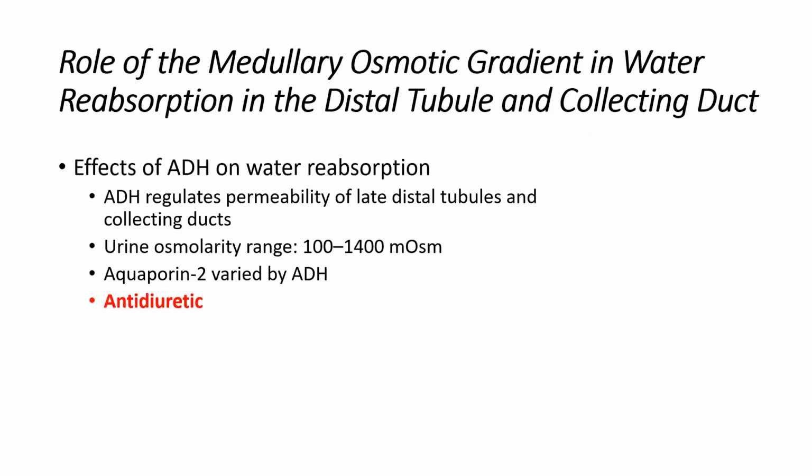So it's basically going to help, as we mentioned before, insert those aquaporin 2 channels and determine our urine osmolarity. If we insert fewer of those aquaporin 2 channels, because we have less ADH, we're going to have less water being reabsorbed.